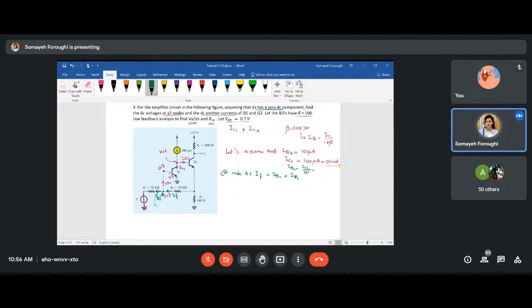Then IB1 will become 2 times 10 to the power of negative 6 ampere, or you can say 2 times 10 to the power of negative 3 milliamp. This is your IB1. Okay, by putting it here, you have your IB1.